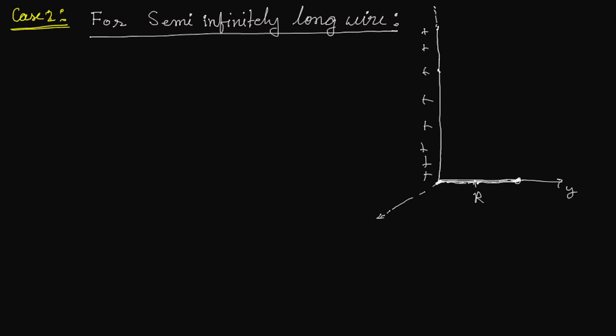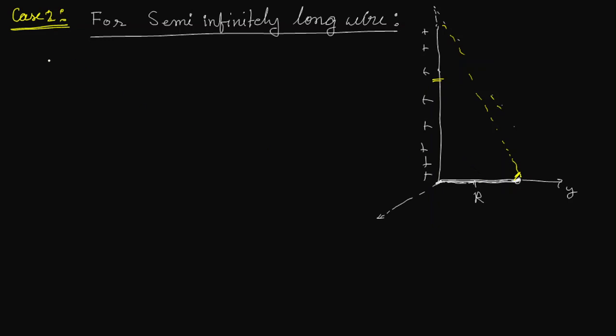So in this case, theta 2 will be 0, and theta 1 will be, if we connect the other end point with this point and make this length infinite, then this angle will actually be 90 degrees.